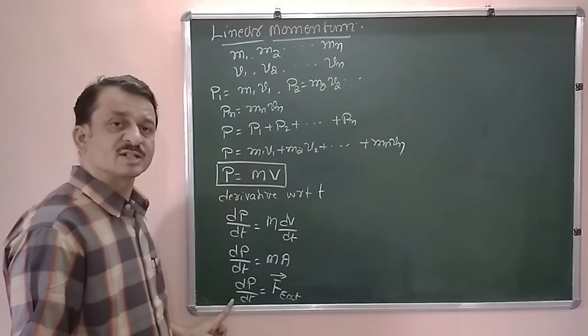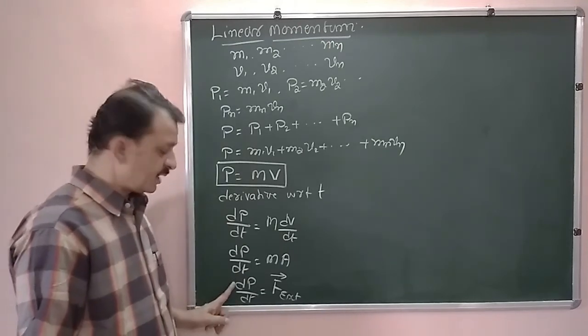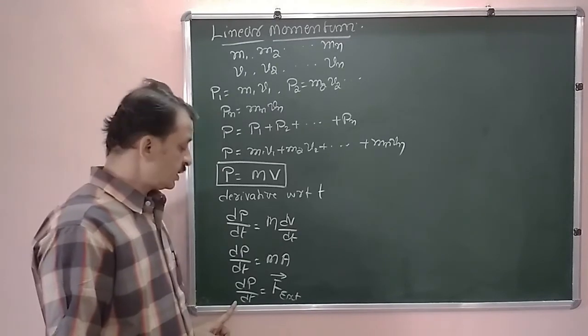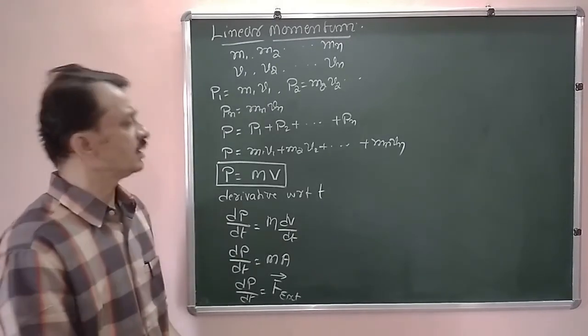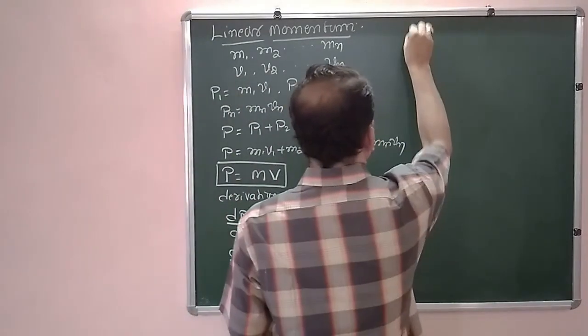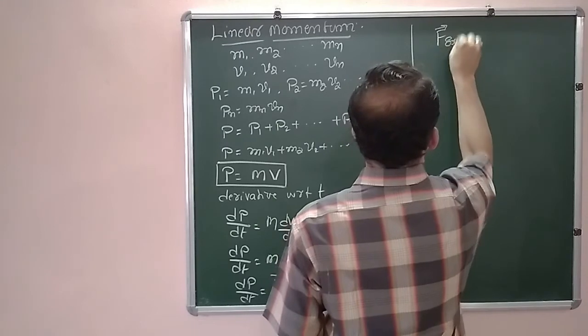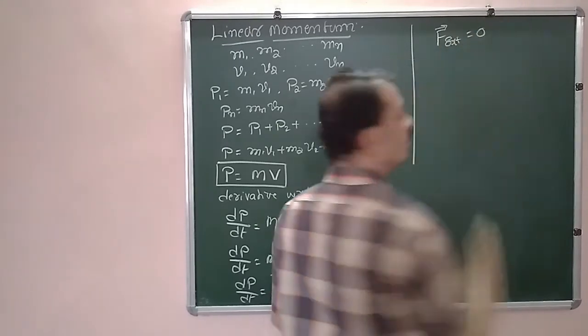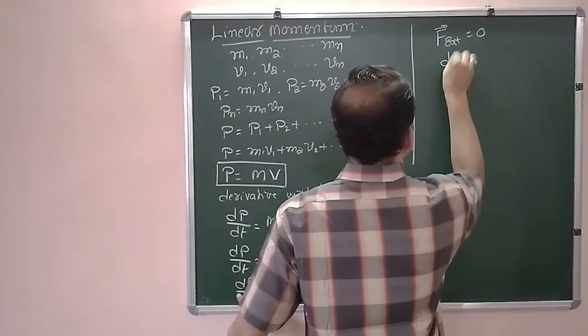This represents Newton's second law: the rate of change of momentum is directly proportional to the force. If the external force is zero, F external equals 0, what do we get? Look here: dp by dt becomes 0.